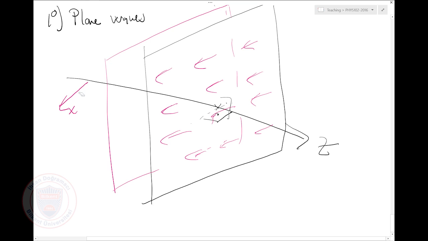So everything happens on these planes. If it's propagating along z, let's say this is the x direction and this is the y direction. So I don't actually have to plot the value of the electric field as a function of x and y.